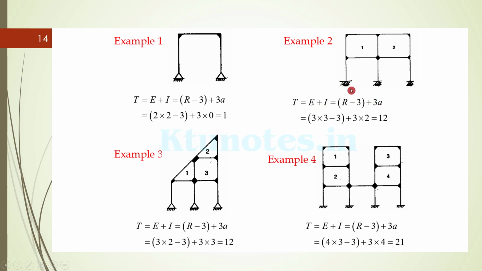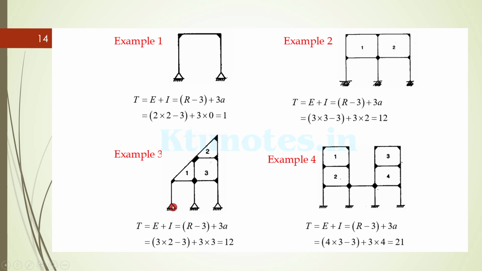So here, being fixed, 3 unknowns, 3 unknowns, 3 unknowns. So total 3 into 3, 9 unknowns minus 3 equilibrium equations plus 3 into 2, because a is actually 2 here. This is one closed frame, a second closed frame. So 12.